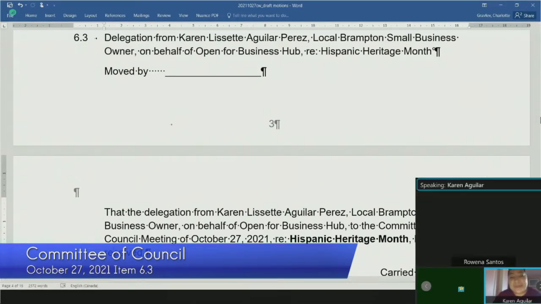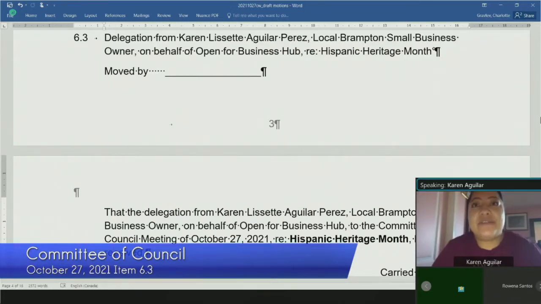So from my experience, I think that a lot of Latin American, Hispanic families originally came here as immigrants, and they originally settled, so to speak, in Toronto.